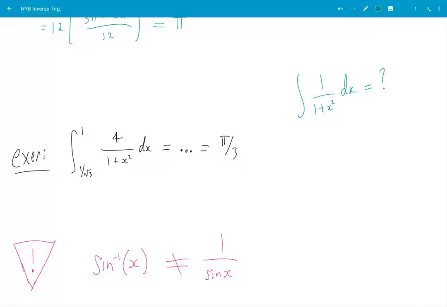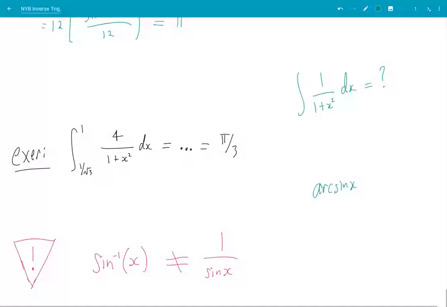Now, I want to talk about notation for a second here. You'll notice I've been using arcsine of x. The textbook also uses this notation, the same thing. I've been using arcsine because I don't like this notation so much, because it makes everybody think about this expression, but it's definitely not the same thing.